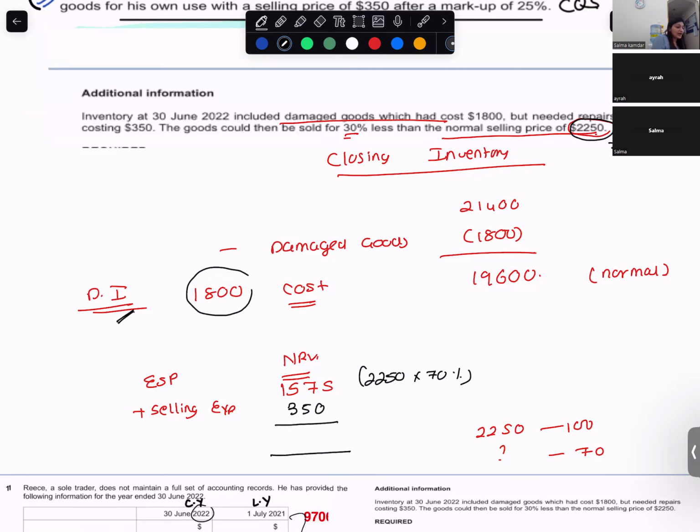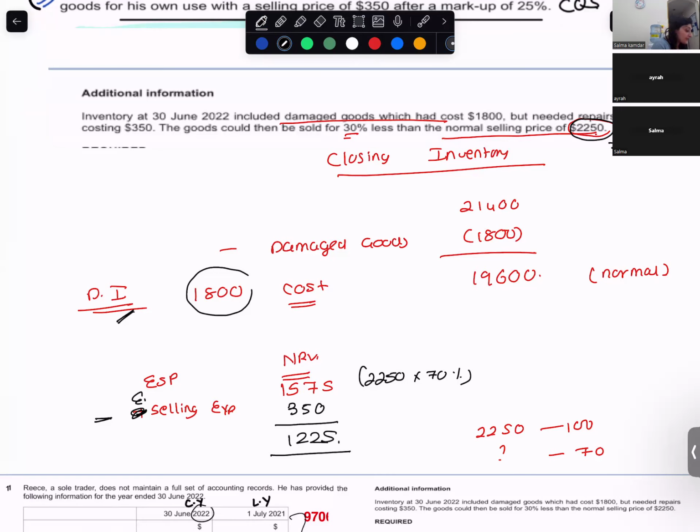So the net realizable value is how much? 1,575 minus the estimated selling expenses. 1,575 minus 350, so 1,225.